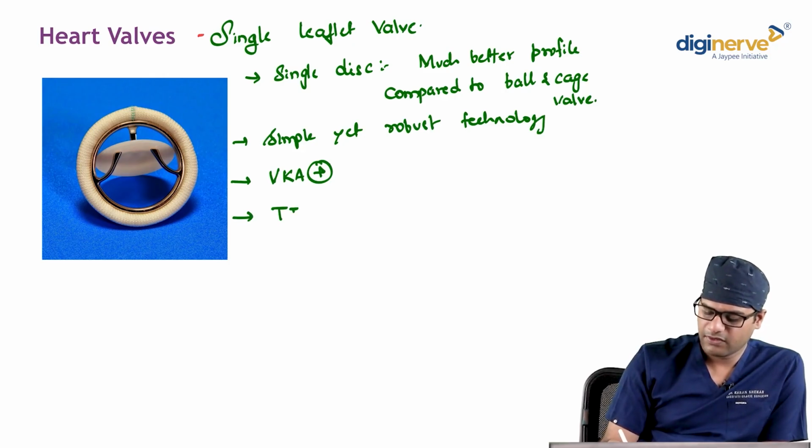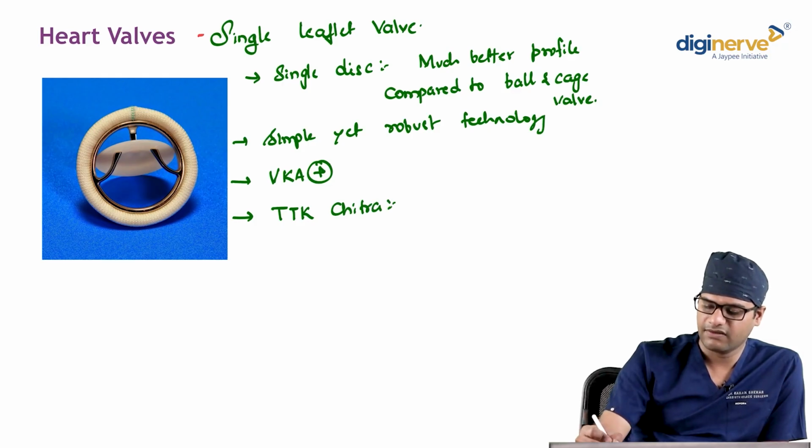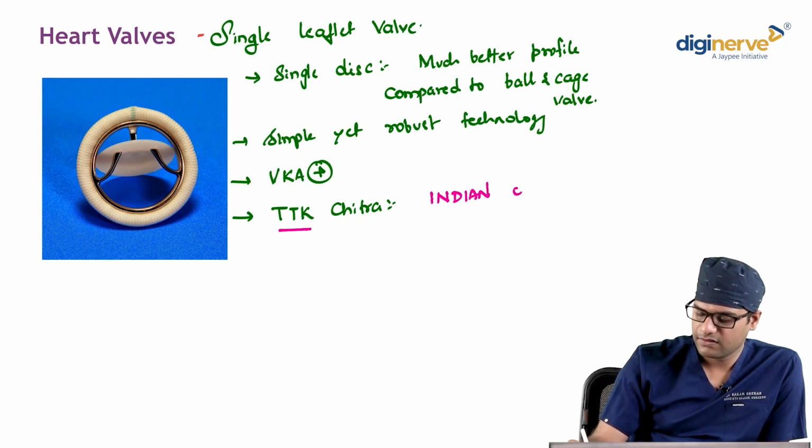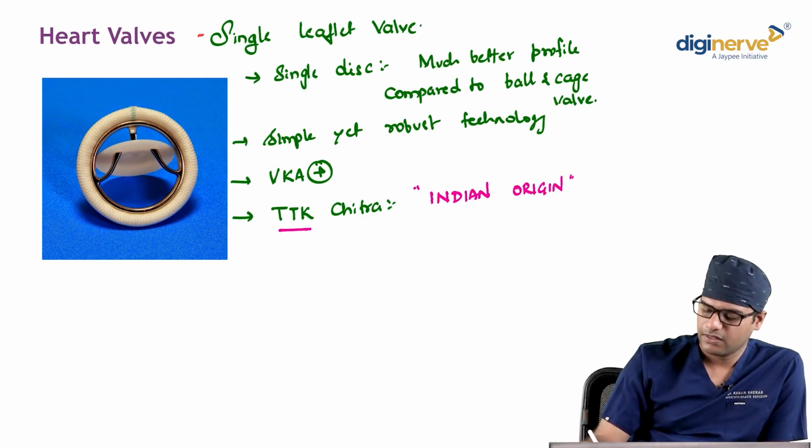One important thing about this, what we use currently is the TTK Chitra valve. This was the only Indian origin valve that we have, and it is currently still in use, most economical.